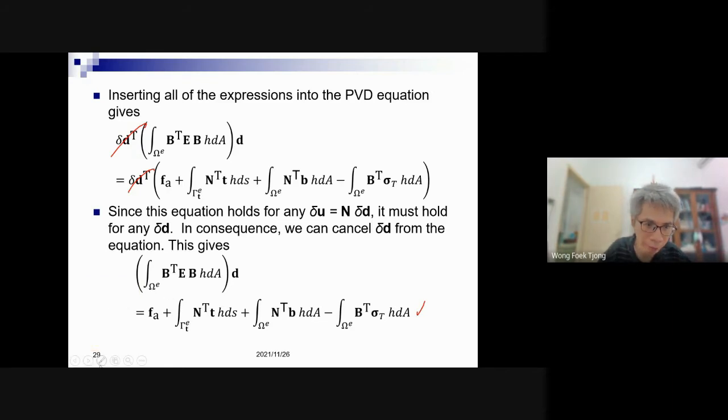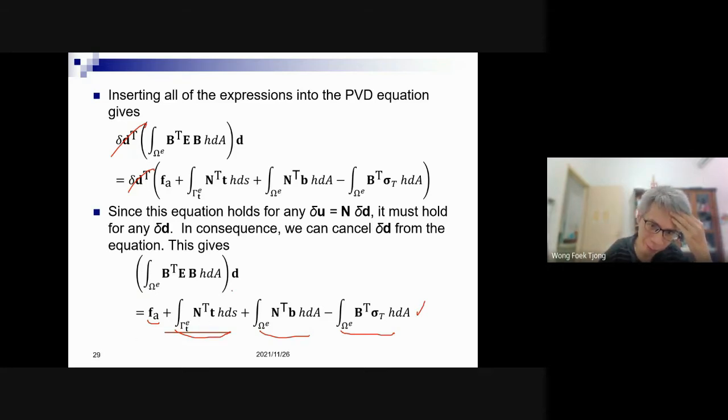And if you notice carefully, on the right-hand side is all force, because this is FA, plus of course this should be force also. This should be force, this should be force. Otherwise we cannot sum up, right? Force should be added with force.